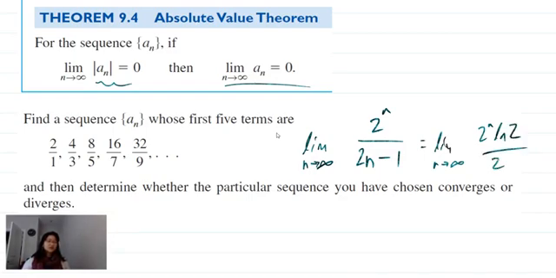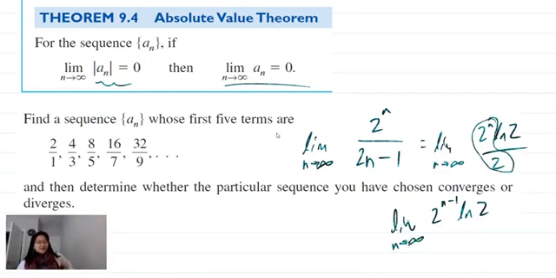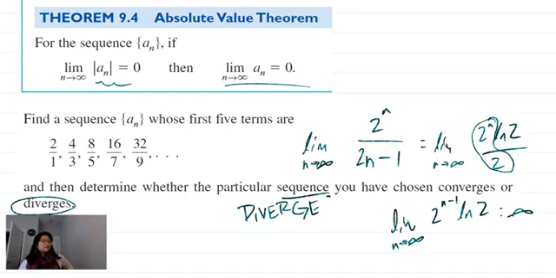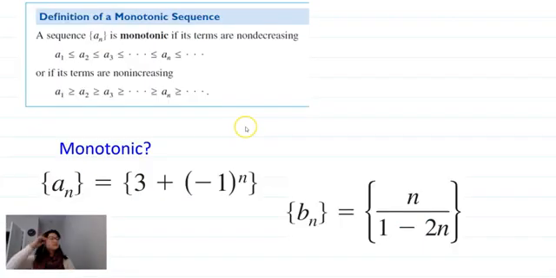So then we get 2 to the n minus 1 times the natural log of 2, limit as n goes to infinity, just because I used exponent properties there, and what do we get? Infinity. So this sequence diverges, because we are not getting a number.